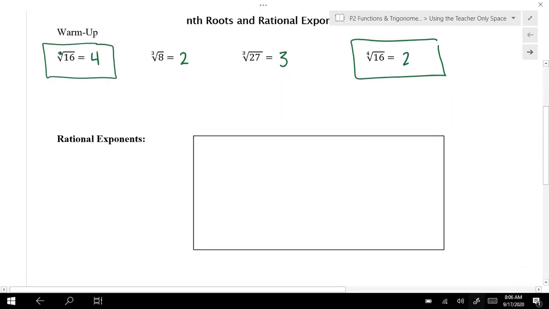All right, so a rational exponent. Rational is just another word for fractional. And a fractional exponent, I'll just give you an example. We're going to have some base, we'll call it x, to the n over d. I'm using n and d here for numerator and denominator. The top number is the power, and the bottom number is the root.